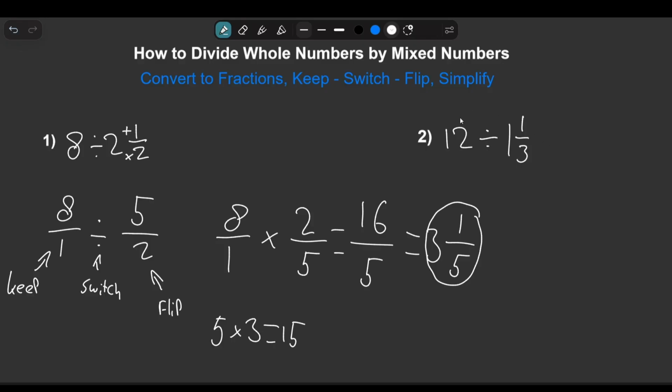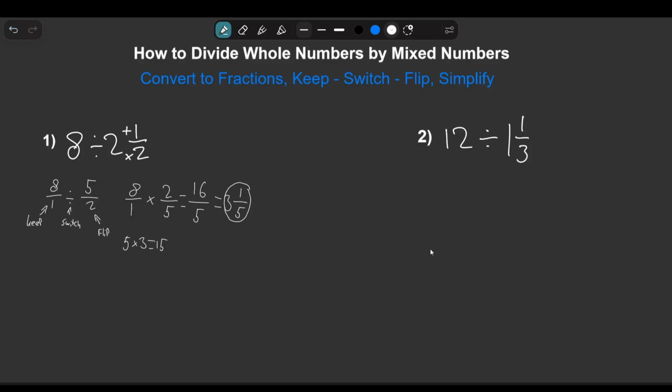So we're going to go over to the second example once I clean the space a bit up. So now I've cleaned this space up, we can go to our second example where we have 12 divided by 1 1/3. So again, the first step is we convert all of our numbers, whole numbers and mixed numbers, to fractions.